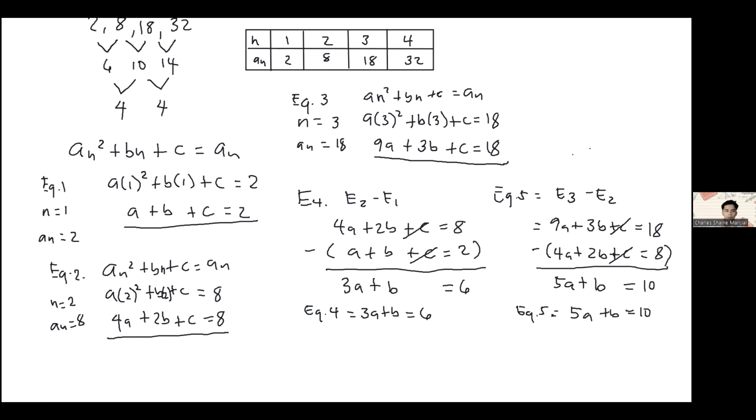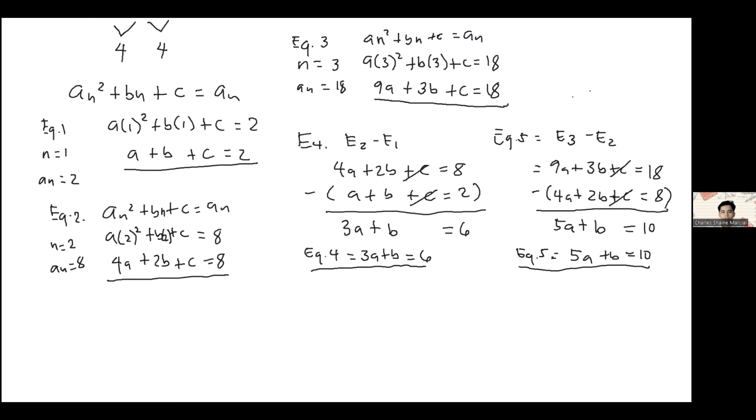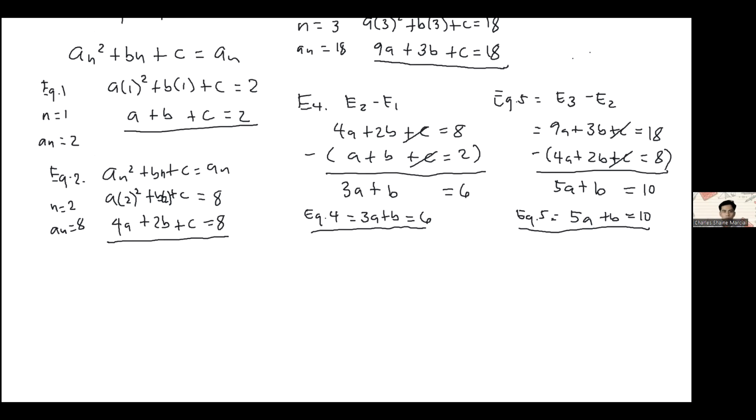Okay? So meron na tayong value ng equation 4 and equation 5. So ang gagawin naman natin is isusubtract natin yung equation 5 and equation 4. So we have to get equation 5 minus equation 4. So equation 5 is 5a plus b.